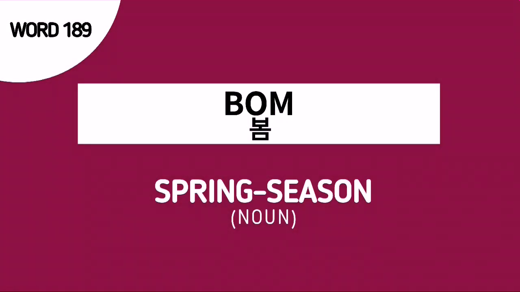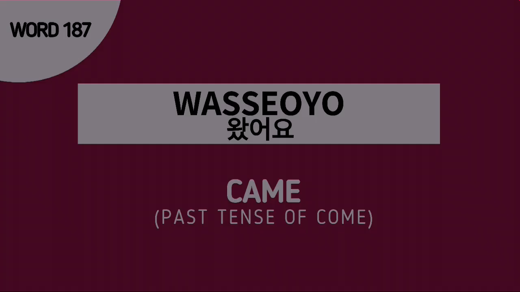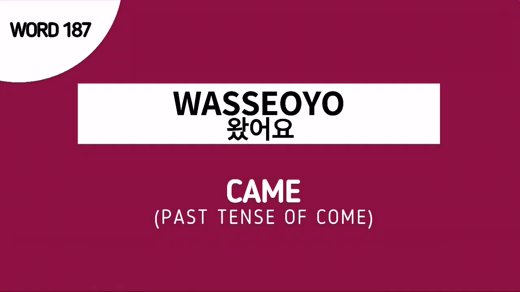Word number 189 is 봄, which means spring season. Word number 188 is taepung, which is the Korean noun for typhoon. Word number 187 is bwasseoyo, which means came.